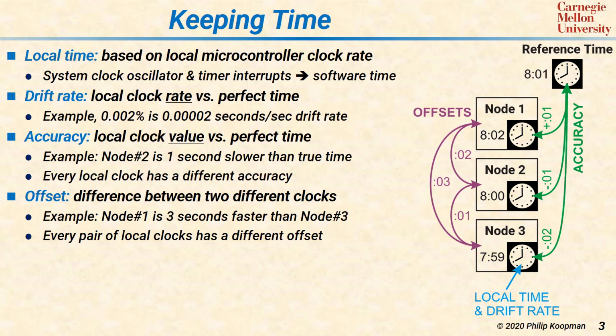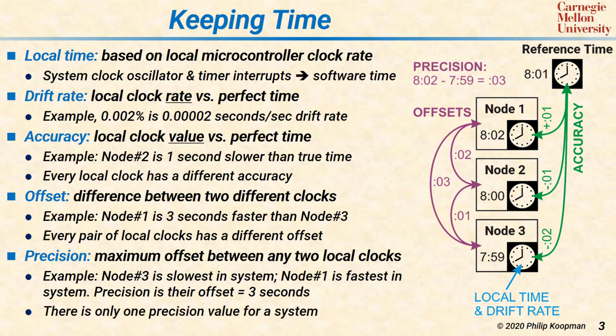Well, that sounds like it could be kind of chaotic if the offsets are completely random, and so there's the notion of precision. Precision is the maximum offset between any two local clocks. And so if number 3 node is the slowest in the system and number 1 node is the fastest in the system, the precision is their offset, which is 3 seconds.